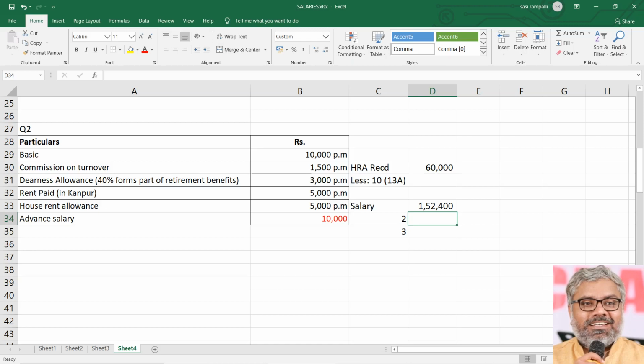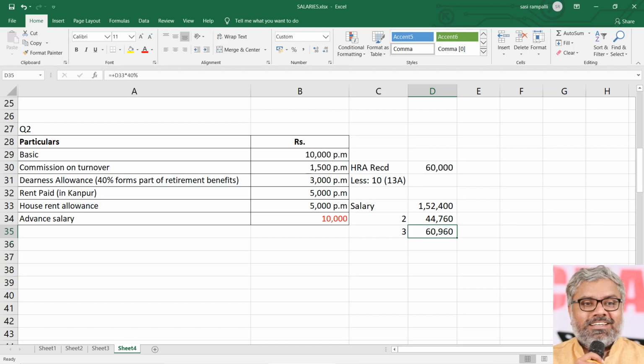Then all that we need to do is rent paid minus 10% of salary. Rent paid is 5,000 per month, which means once again 60,000 rupees per annum, minus 10% of salary, which is 15,240. So that comes to 44,760. Then the third one is directly either 40% or 50%. We have to do 40% here because the house is in Kanpur.